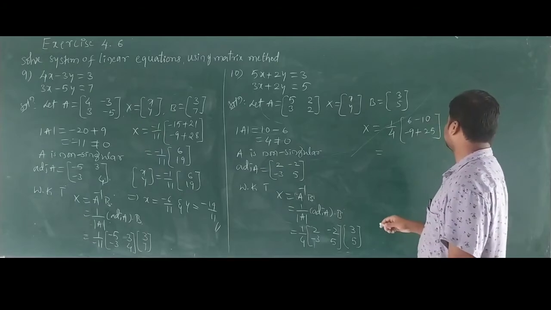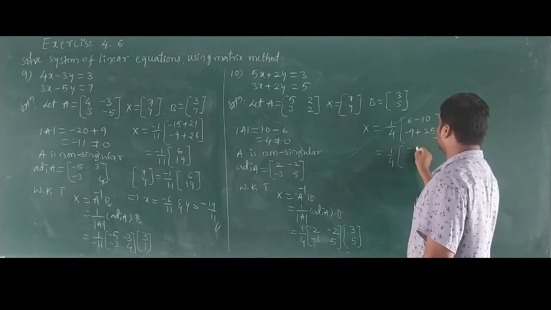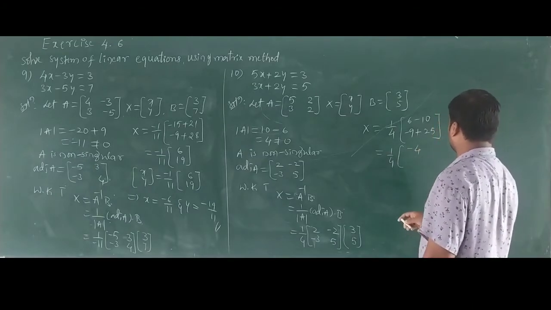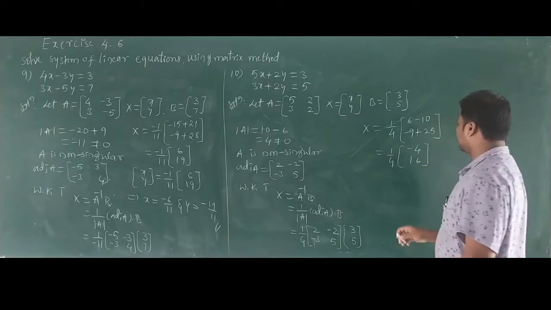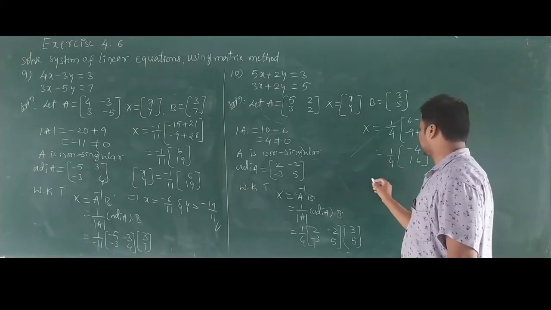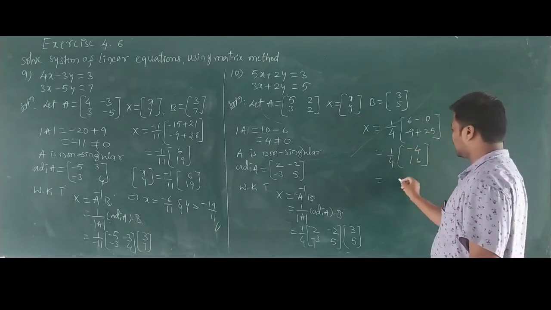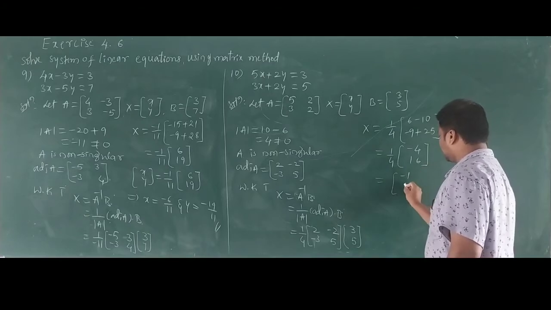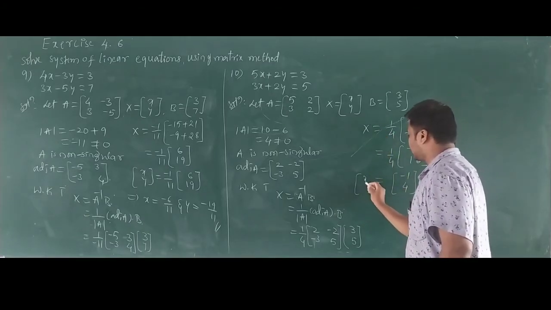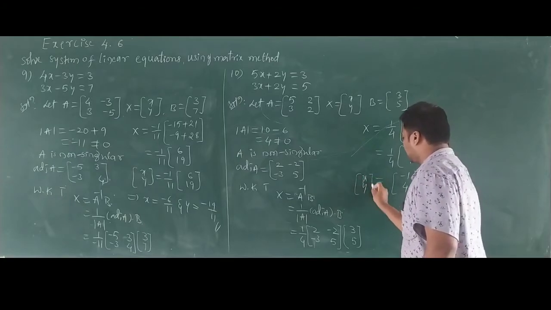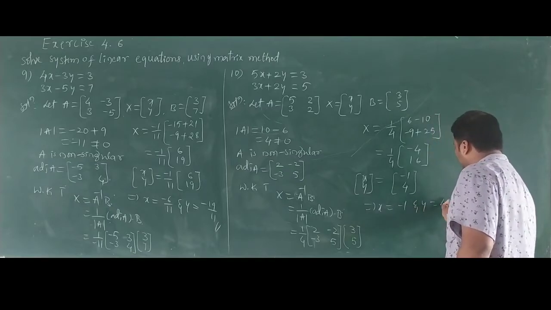This equals 1 by 4 into minus 4 and 16. So this is 1 by 4 into minus 4, the 4s cancel, this is minus 1. And 16 by 4 is 4. So X is nothing but the variables x and y. This implies x equals minus 1 and y equals 4.